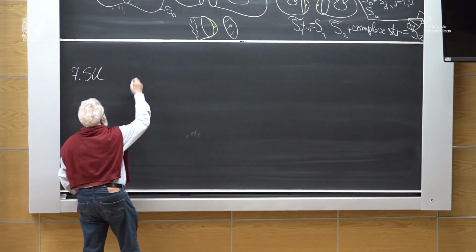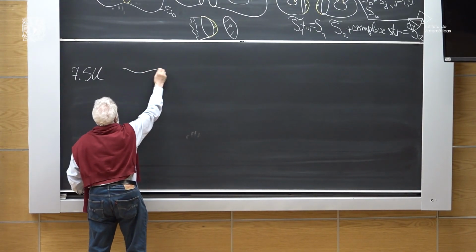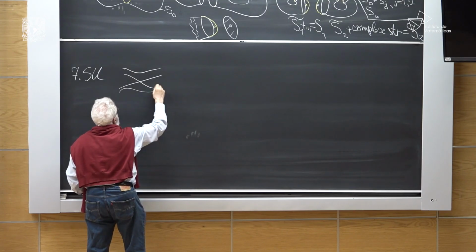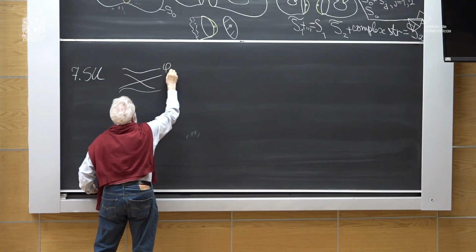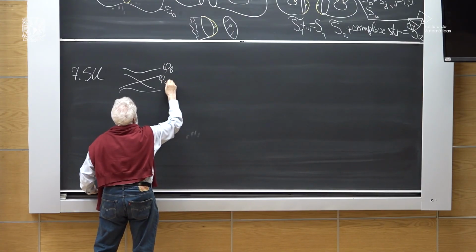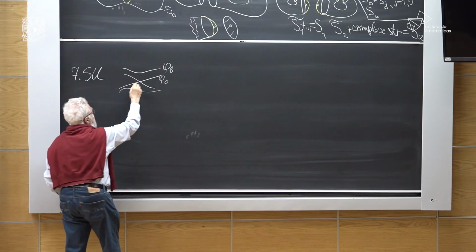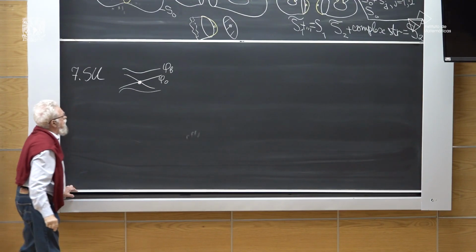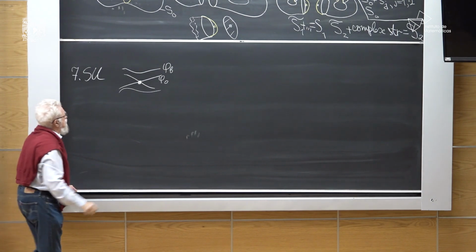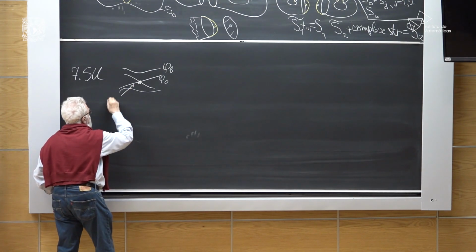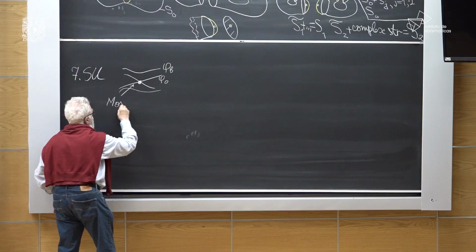So now I take the family of the Riemann surfaces with only one critical fiber, and this is a Morse critical point.